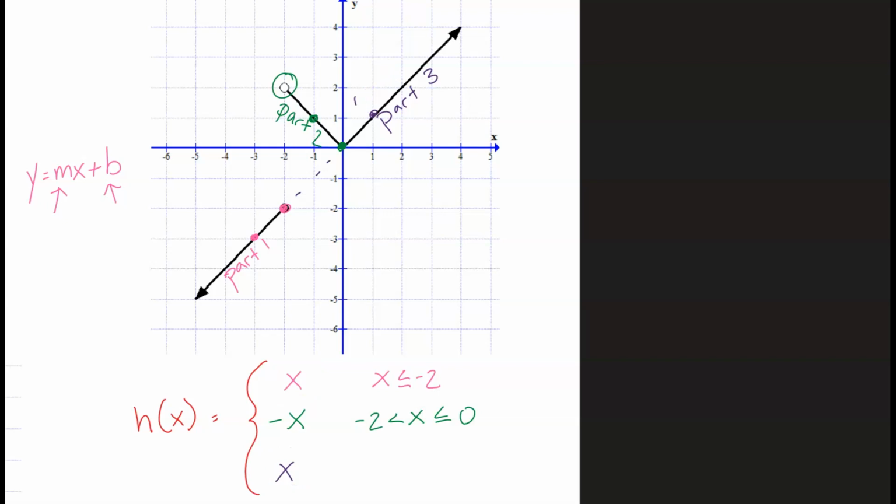Now what x values are we graphing part 3 for? We start at 0 and keep going up infinitely, meaning we are graphing part 3 when x is bigger than 0. Notice that it is a closed dot there, but I am not going to put an equal to sign below that inequality because the previous line I gave the equal to 0.